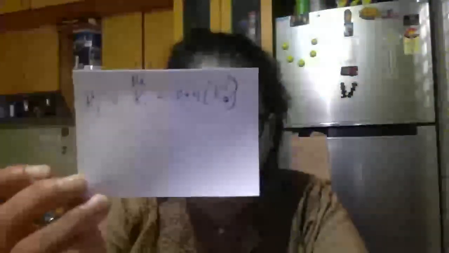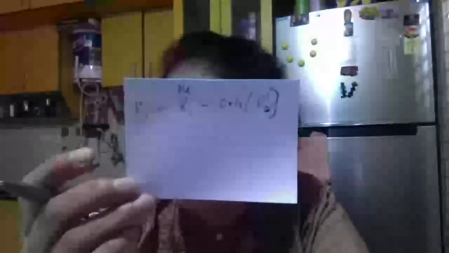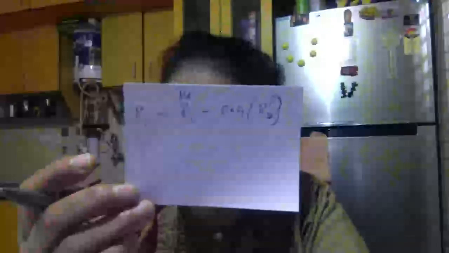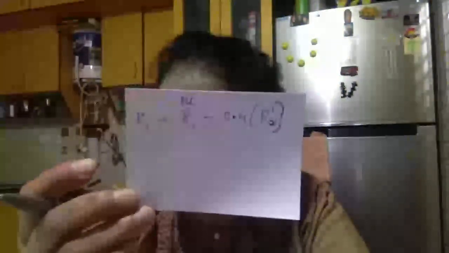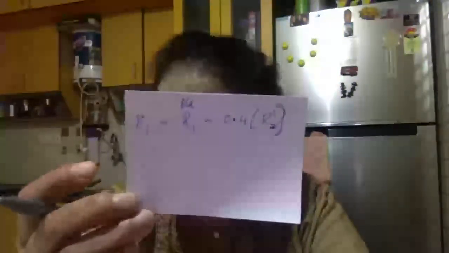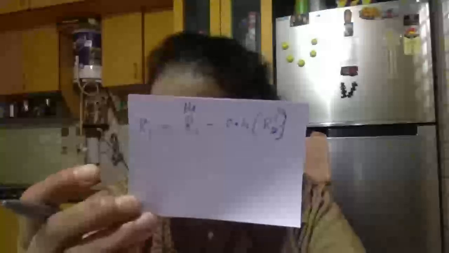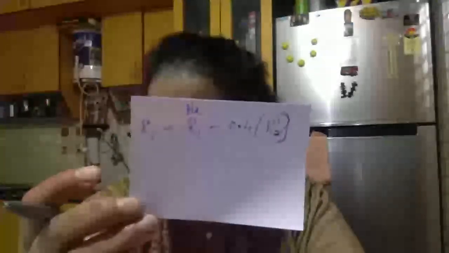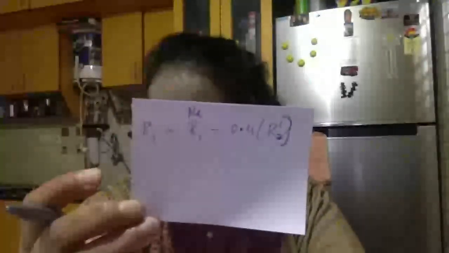R2 dash means the R2 of the next, second table. When I said R2, it was of the first table. So R2 dash. Where I got 0.4, it is the corresponding element in the key column, in that row.